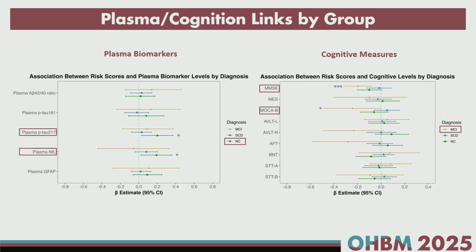But the overall cognitive measures like MMSE are correlated with the brain MRI-based scores in the MCI group. It fits the notion that changes in plasma biomarkers tend to appear earlier than changes in cognitive measures.